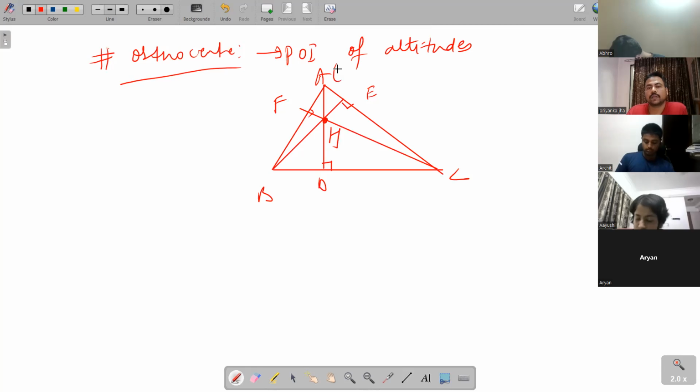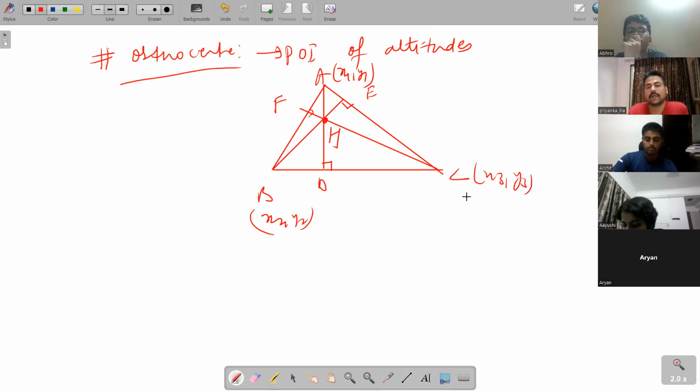So suppose x1, y1. I'll tell you in detail how to find the coordinates of the orthocenter when I start straight line. Right now I'm talking about points only and some basic information. So maybe next class or after that we'll start straight line. In that I'll tell you how to find the orthocenter by solving equations of lines. x1 y1, x2 y2, and this is x3 y3.